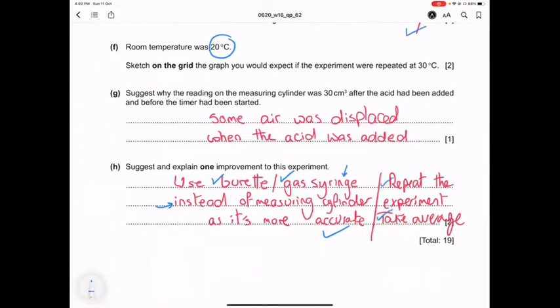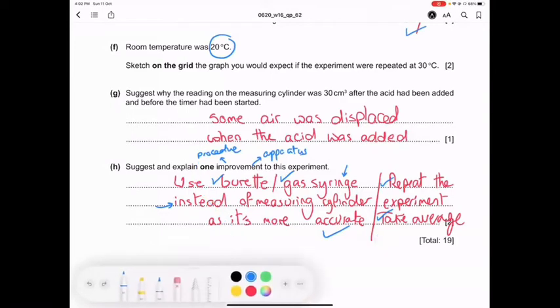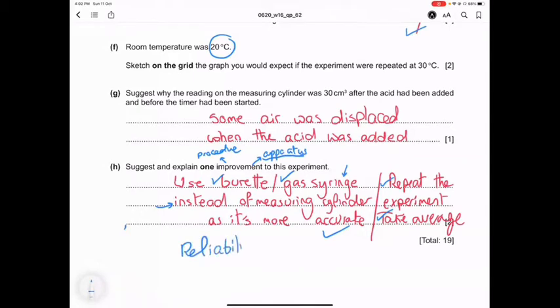Okay, take care. He always asks to improve the procedure, or to improve the apparatus. When he says improve the procedure, you can always say repeat and take average. When he says improve the apparatus, you must talk about the apparatus he used. When he says how to check the reliability of the results, this is something third.